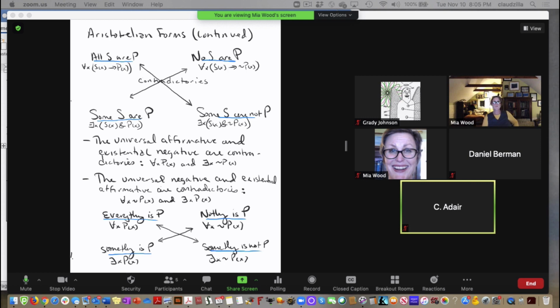So if the universal affirmative is true, the existential negative is false. If the existential negation is true, then the universal affirmative is false. Similarly, if the universal negative is true, the existential affirmative is false. If the existential affirmative is true, the universal negative is false.